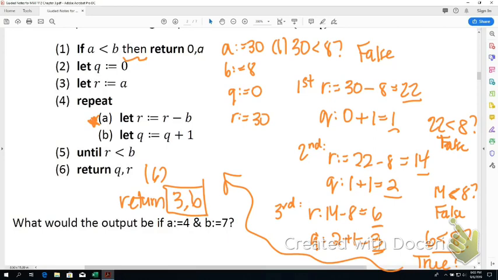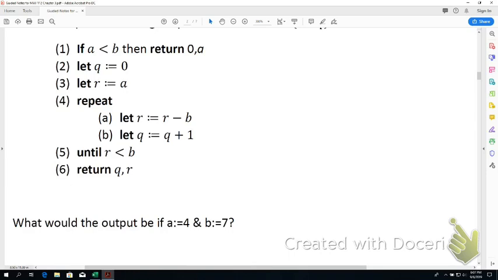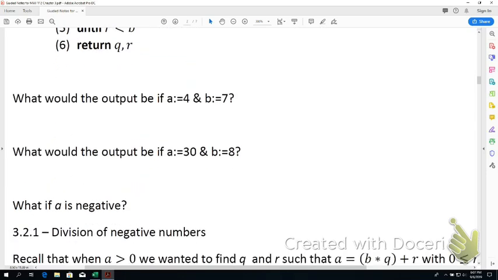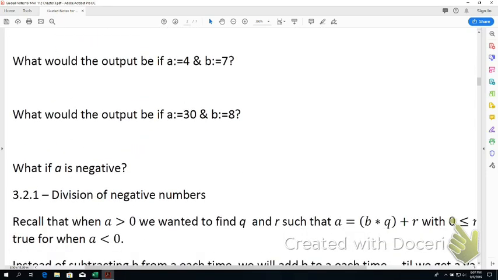So let's continue on. So what about if A is negative? What are we going to do here? So if you think, for this algorithm, if A is negative, well, A will always be less than B, so it's not going to have a quotient, and the remainder will be A. But that's not good, because the remainder has to be greater than or equal to 0 and less than B. So if it's negative, what do we need to make?